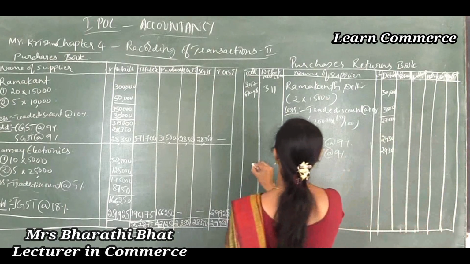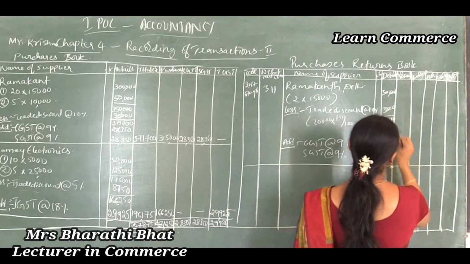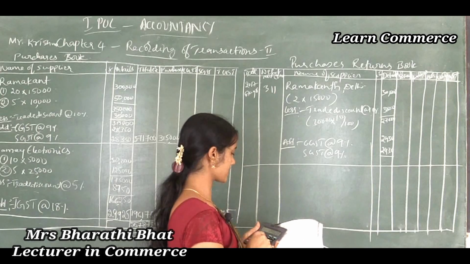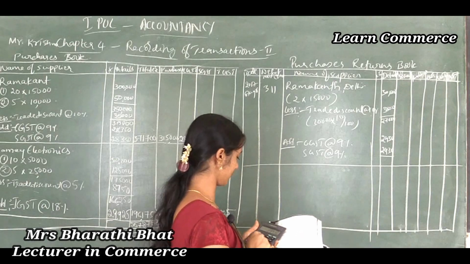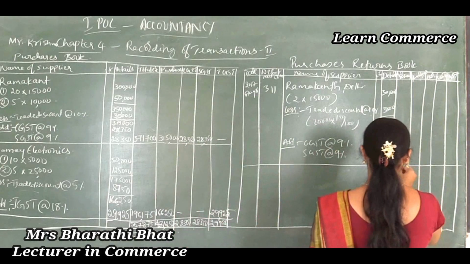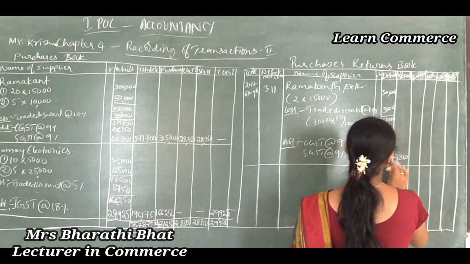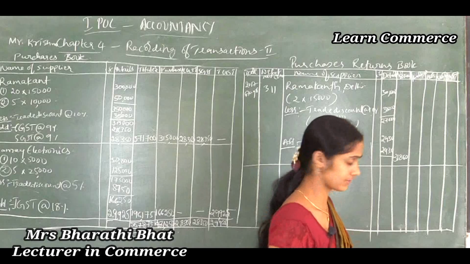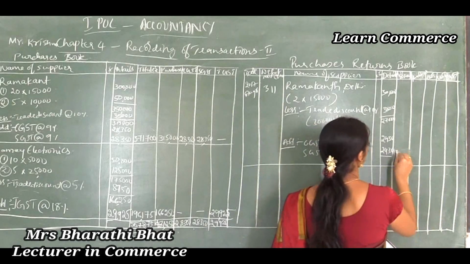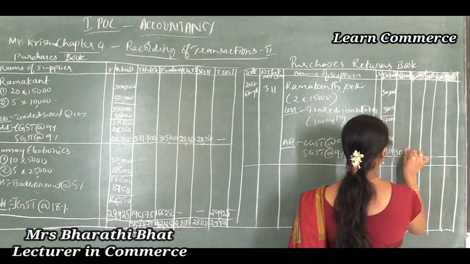So now write the total amount. 27,000 plus 2,430 plus 2,430, 31,860. Correct, right? 31,860.